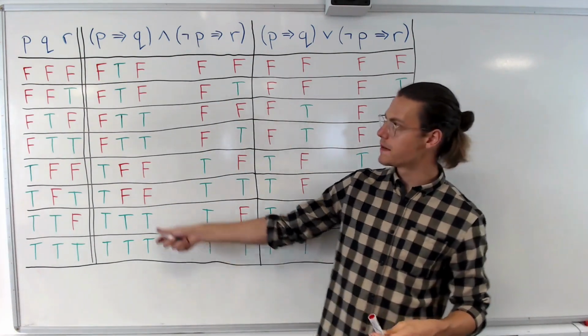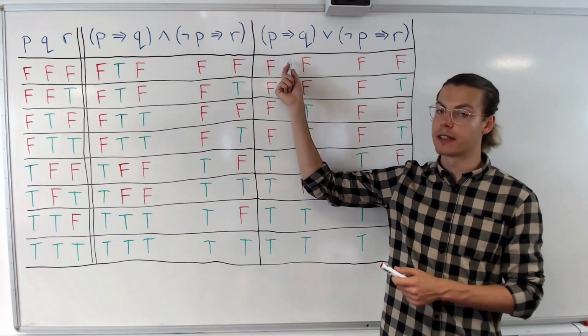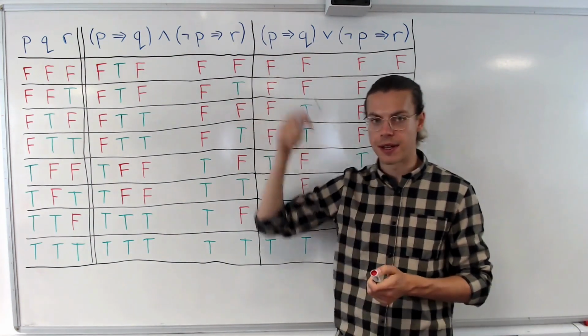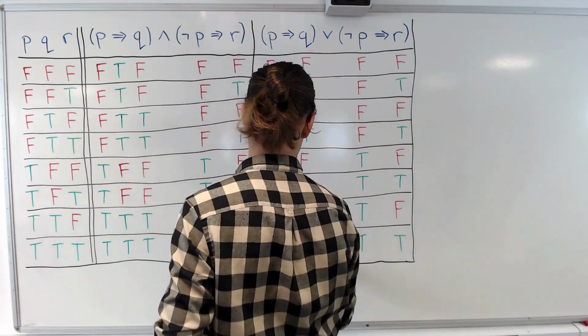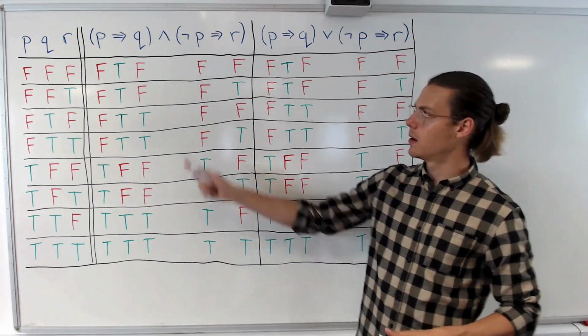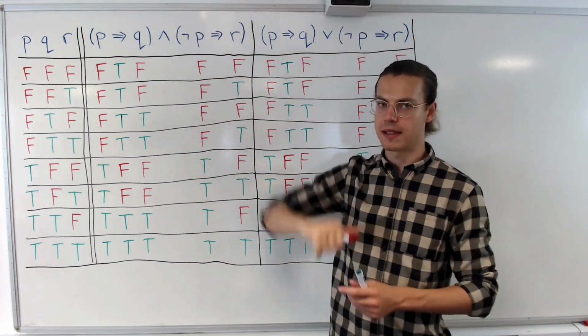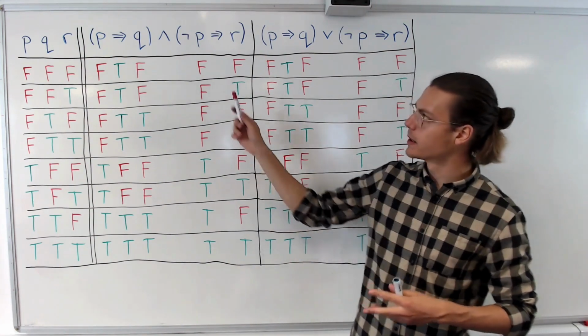Now, we also have a P implies Q in our second formula, so this will have the same truth values. We can just copy those down. Okay, next let's look in these parentheses. Now, what do we need to evaluate first here?